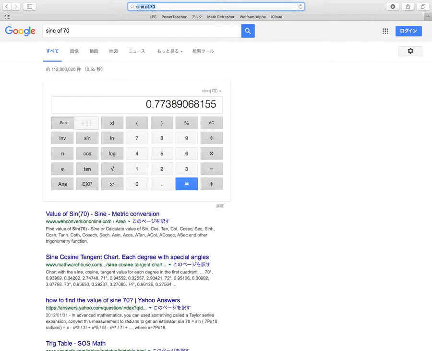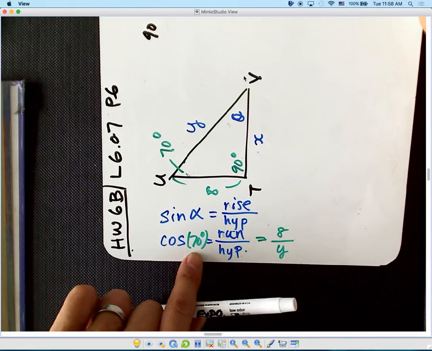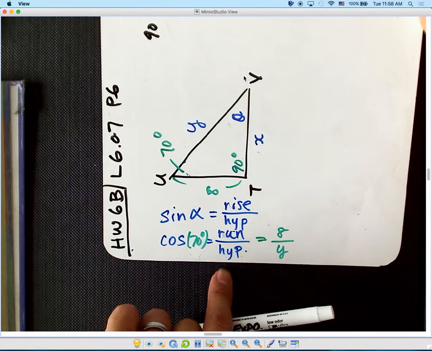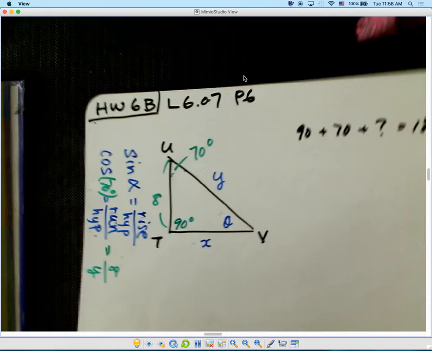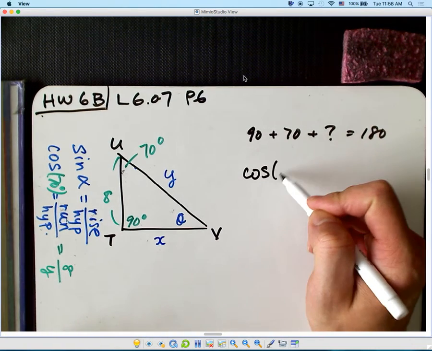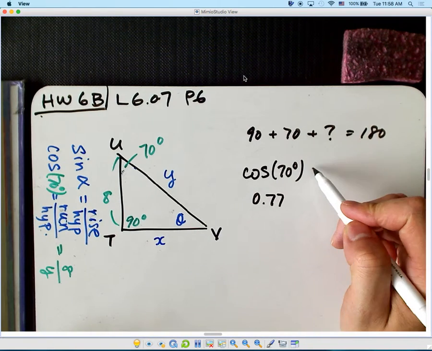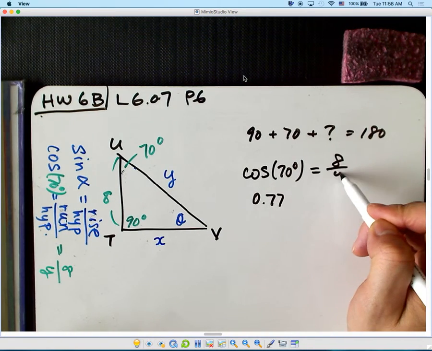That has to be equal to run, which is 8, over hypotenuse, which is y. So the cosine of 70 degrees equals run over hypotenuse, which is 8 over y. And we just found out the cosine of 70 degrees is 0.77, whatever. It has to be equal to 8 over y.